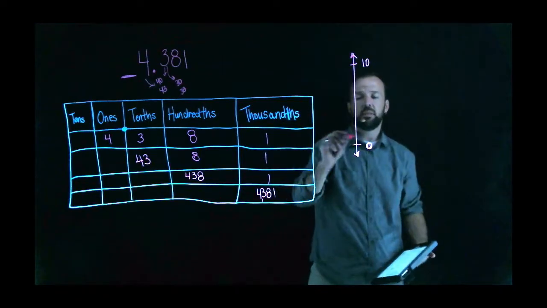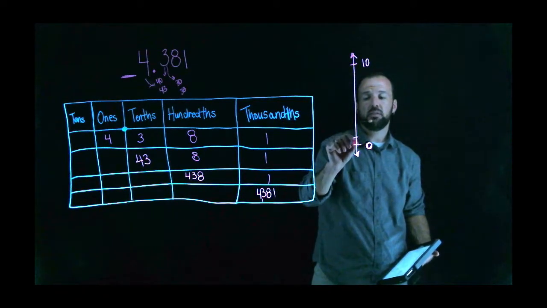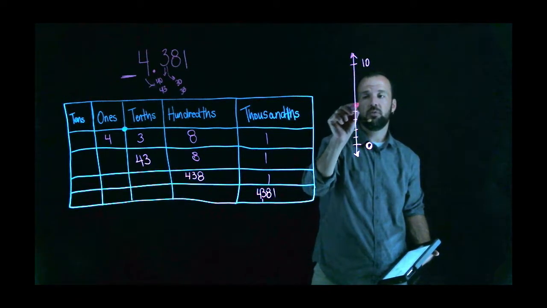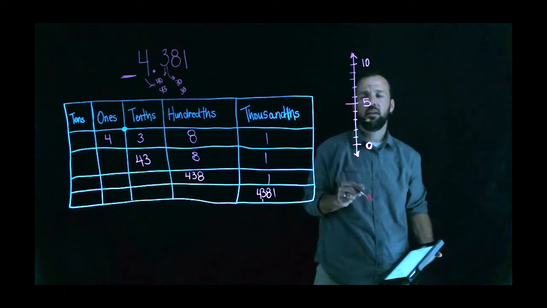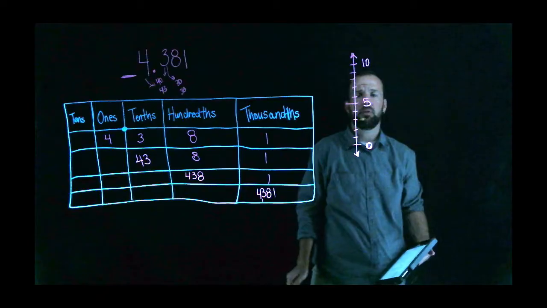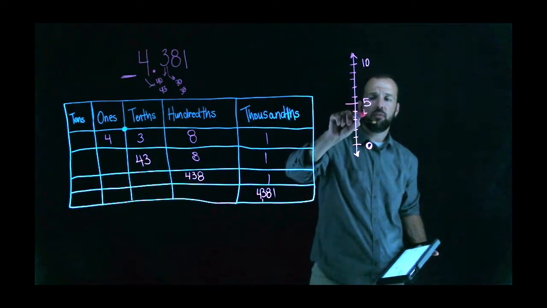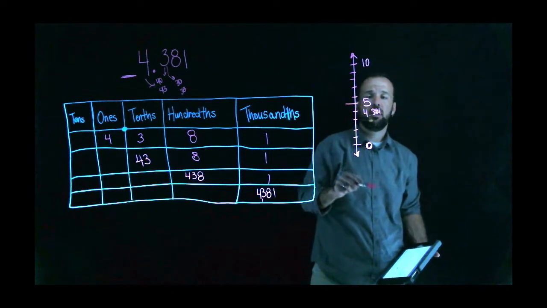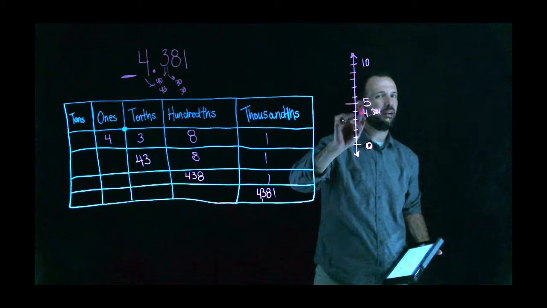Okay, so that means if we're counting here, we're counting by ones. So 1, 2, 3, 4, 5, that's going to be our midpoint. 6, 7, 8, 9, 10. All right, where are we at when we count by ones? What number are we at? Well, we're at 4, and more specifically, we're at 4.381, which is almost to 5, but not quite there yet.